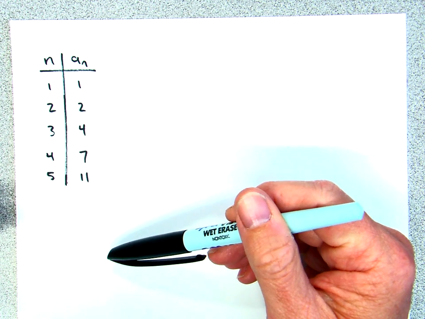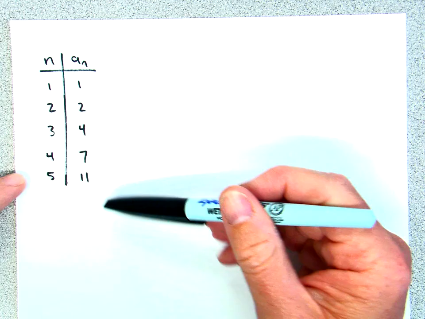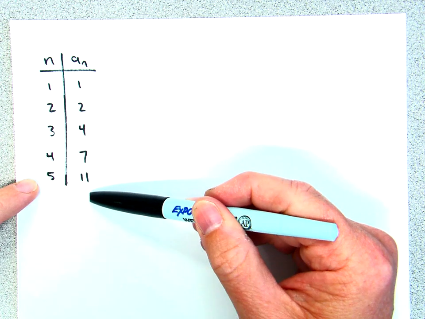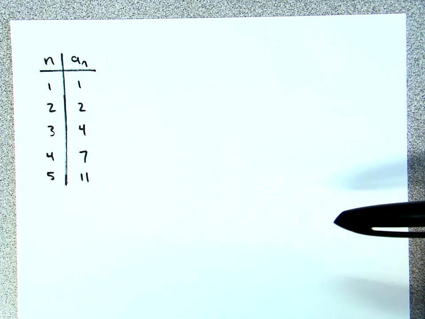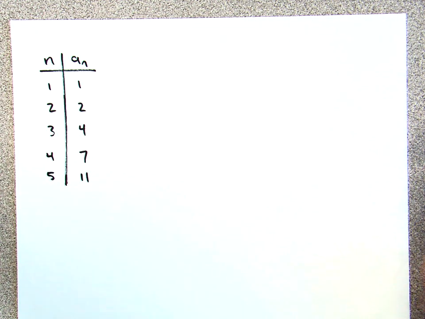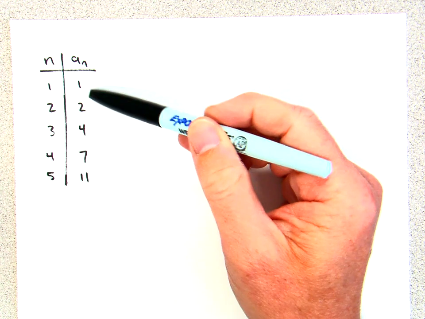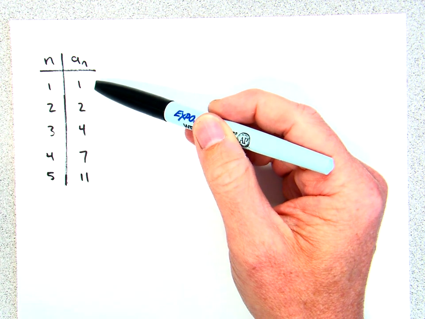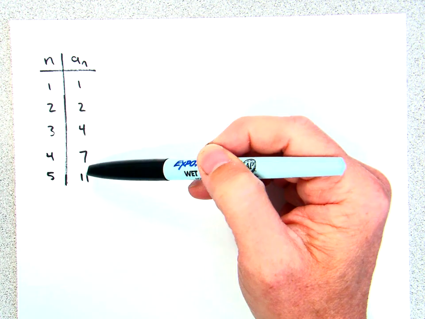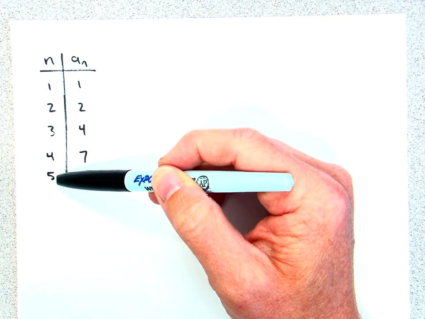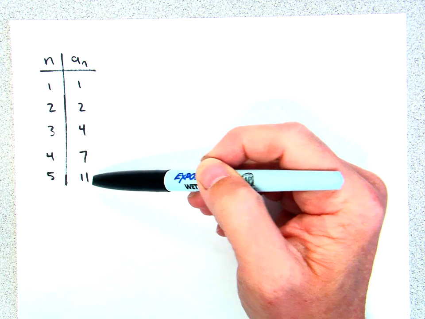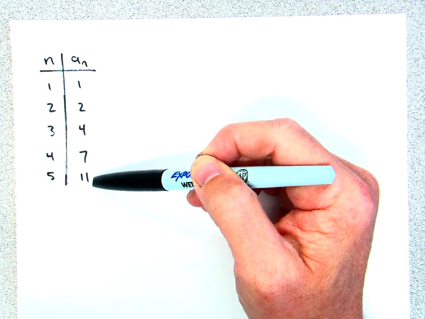But in some cases, maybe we don't want the 6th image or the 7th image. Maybe we want the 50th image. So to go through one value at a time to get all the way to 50 would be very time-consuming, right? So this is where an explicit formula for a sequence would come in handy. The idea of an explicit formula is to create a formula for the sequence where we can just say whichever value or image that we're interested in and get the number associated with it.